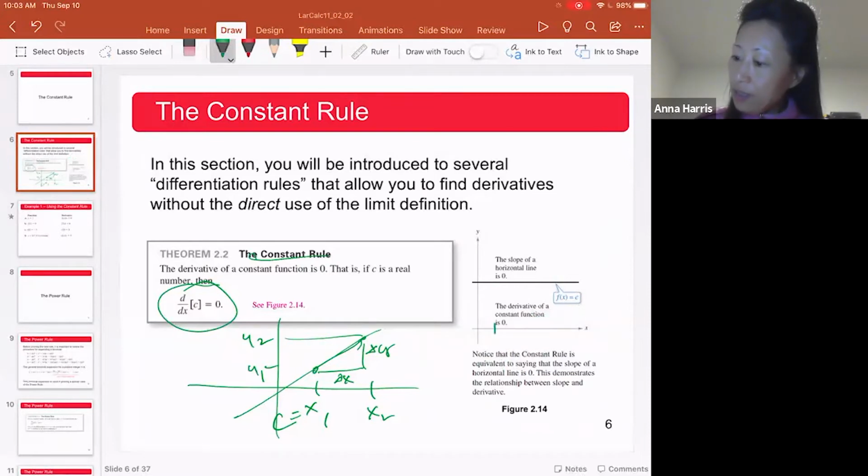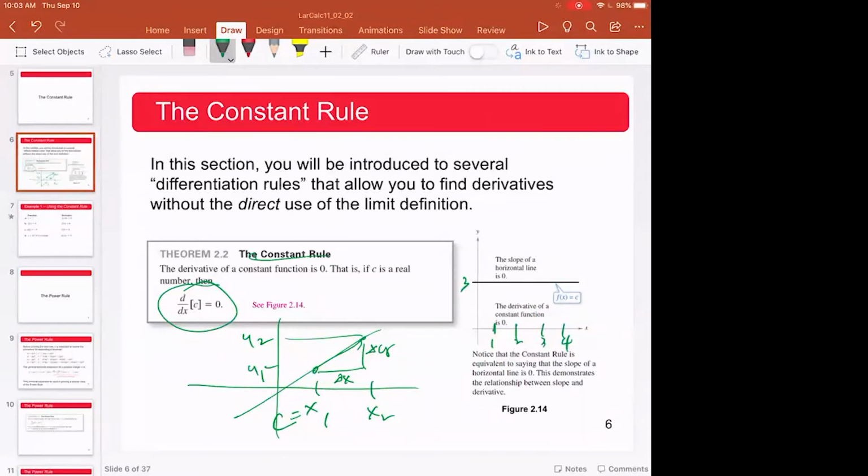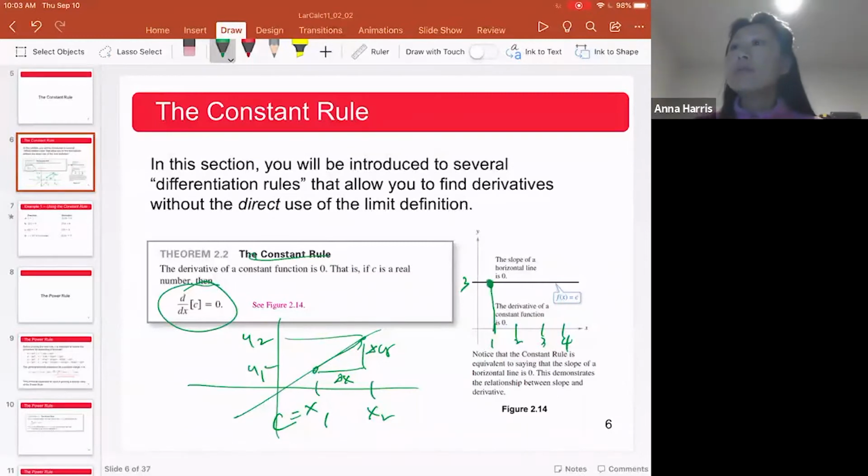If I'm looking at x equal to 1, what's my y equal to? 3. If I'm looking at x equal to 2, what's my y equal to? Again, 3. So this is 1 comma 3, this is 2 comma 3, again this is 3 comma 3, and there is 4 comma 3. The y value is always 3. There's no change, right? It's a constant.